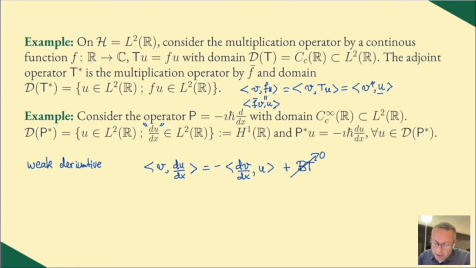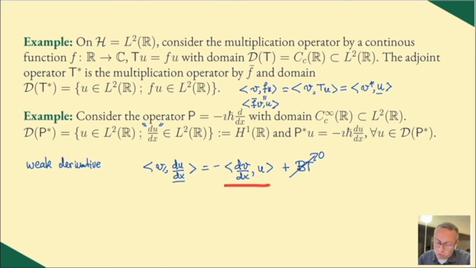And so this makes sense. This gives me a smooth function with compact support, and I take the scalar product with V. But now I want to know the condition on V such that I'm able to express this scalar product as a second scalar product, namely this one, with some function that I write in that way.